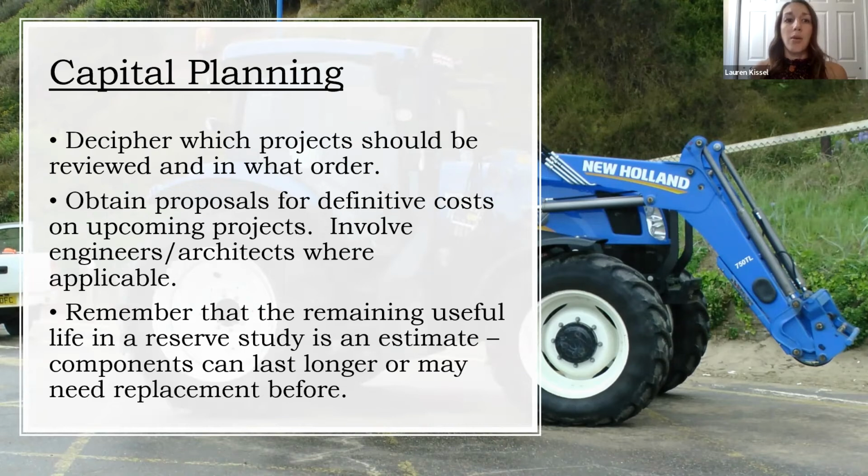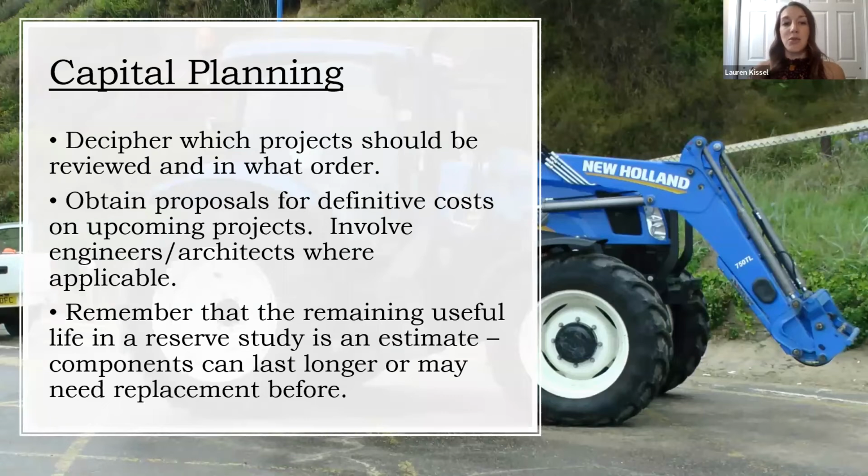So, there might be engineering and architect fees involved if you're doing a roof replacement and you need specifications done, which is a great example of where you really should have an engineer involved. And they also make sure that there's apples to apples bidding. So it's really important to obtain proposals and understand the total cost of projects, not just the project itself.